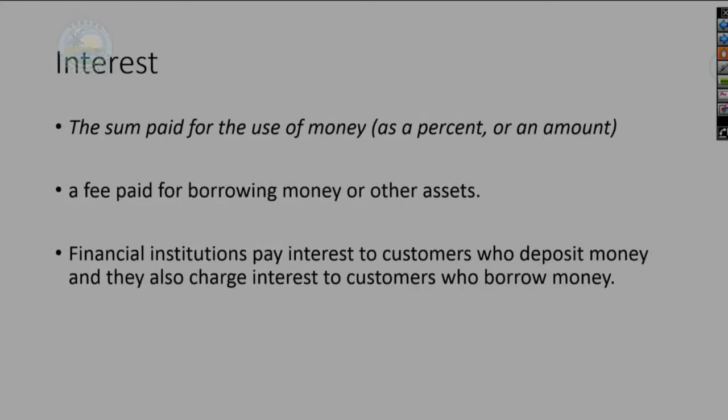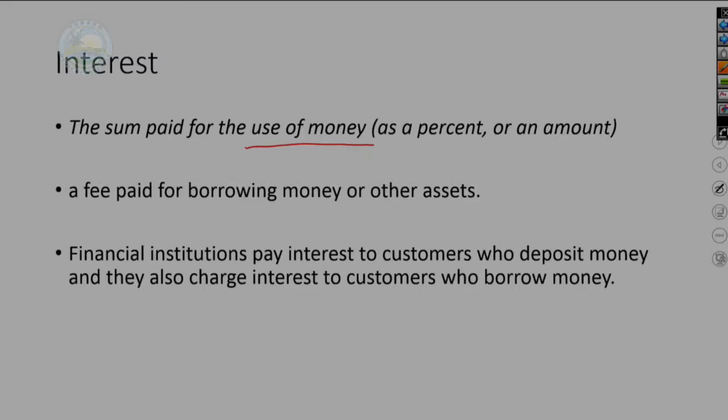Interest is that amount, or that sum, paid for the use of money. So if you want to use money that you don't have and you borrow it, then the lender may charge you an additional amount so that you can use their money.